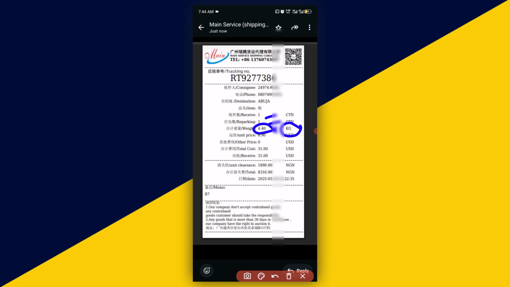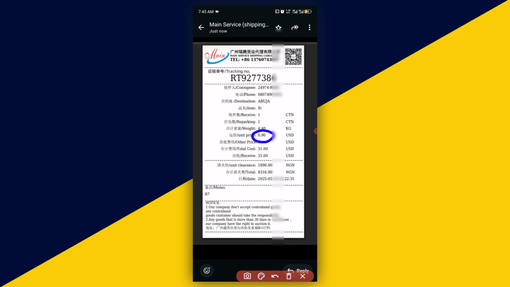Like I said, if you are shipping by air, your bill of landing will come in kg. But if you are shipping by sea, the bill of landing will come as CBM. Okay, now the price. Unit price is 6.9 USD.